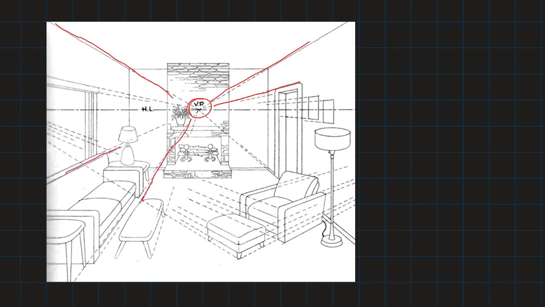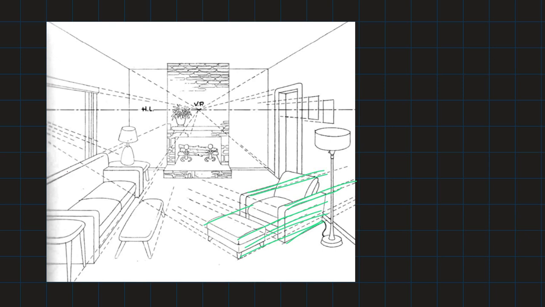They all have the exact same vanishing point. So that's one vanishing point, but there's a bunch of other vanishing points as well. For example, this couch has a bunch of parallel lines, and so does this futon looking thing. All these parallel lines have a vanishing point.